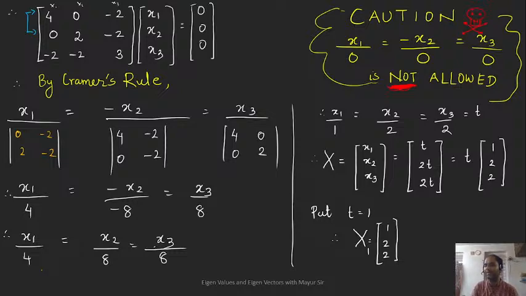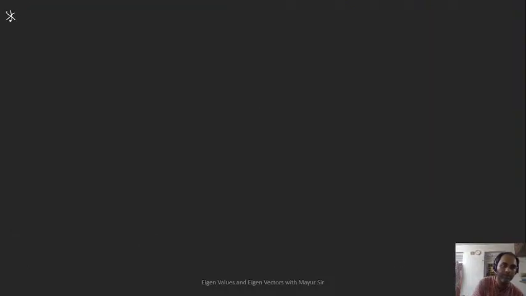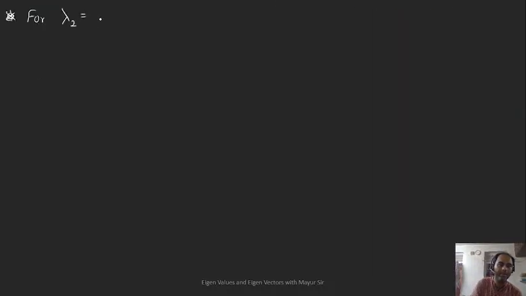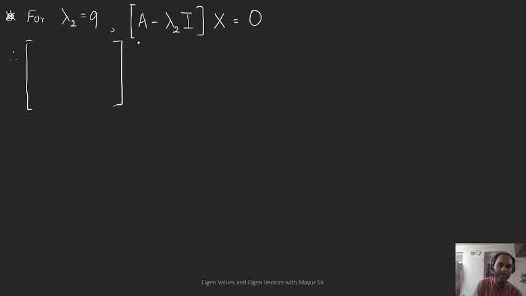Similarly, you are supposed to calculate for the second eigenvector also. So now we go for the eigenvalue lambda 2. For lambda 1, 2, 3 we had calculated 3, 9 and 6, right? So lambda 2 is 9, so we calculate A minus lambda 2 I times capital X equals O. So what is the matrix that will be formulated from the diagonal entry?